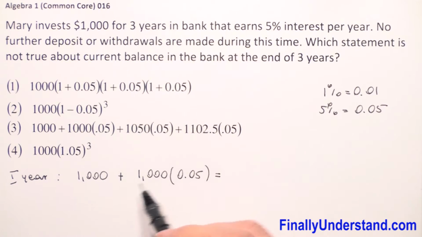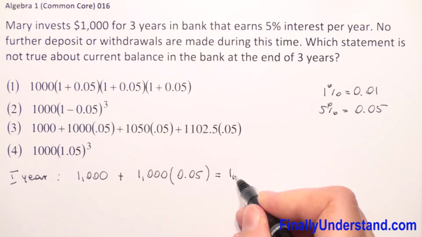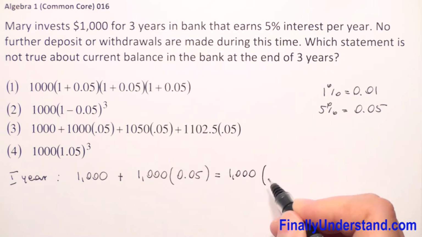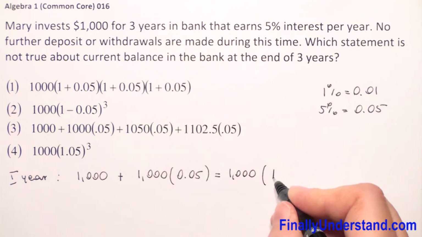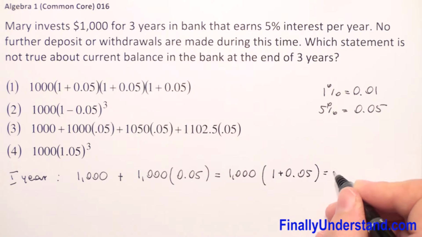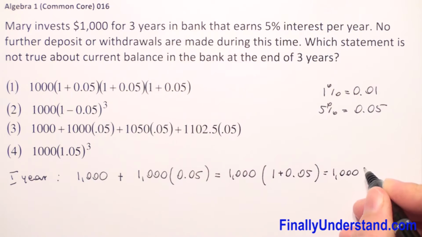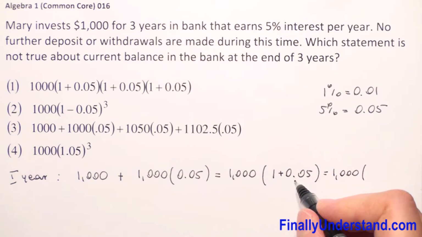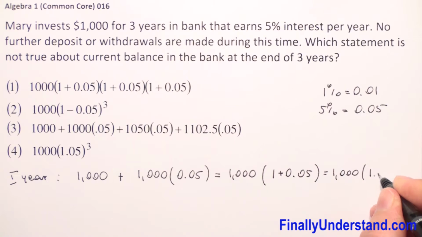So this is equal, we can factorize 1,000. In parentheses, 1 plus 0.05. So this is equal to 1,000 times 1.05. This is the money which she will have at the end of the first year.